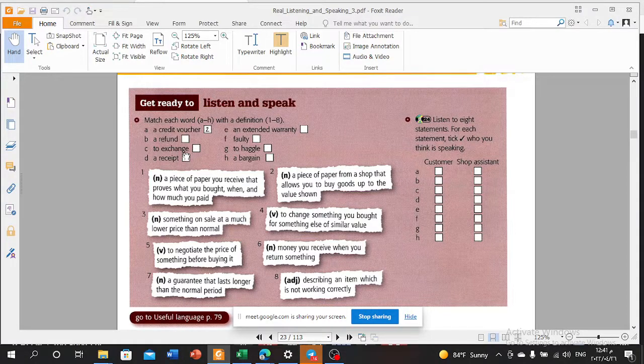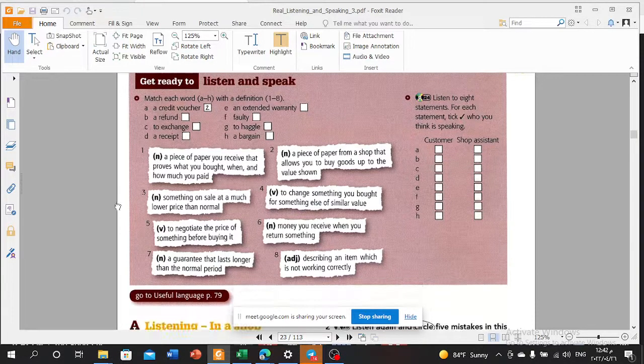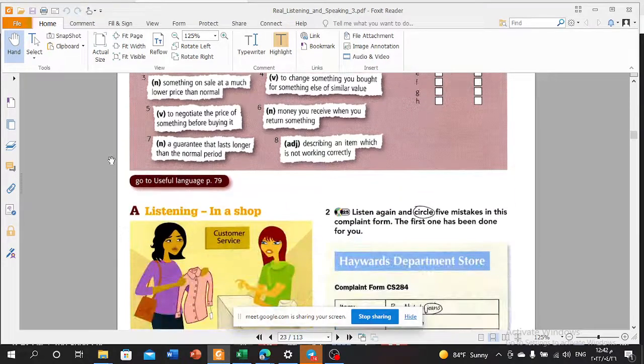Same with the other 8 expressions. You need to know the definition of each one of them. So I may ask you to define a bargain. You have to know how to define this expression or this term.